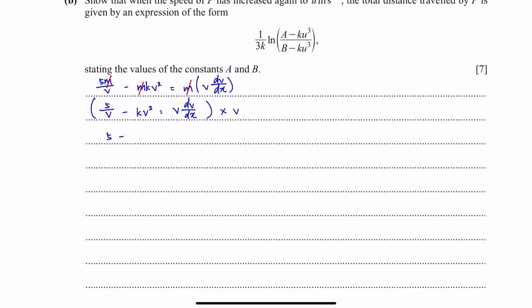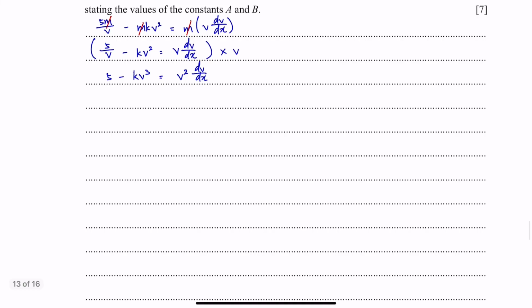So we have 5 minus kv cubed equal to v squared times dv over dx. And we need to separate the dv and dx, so we get the integration of 1 times dx equal to the integration of v squared over 5 minus kv cubed times dv.